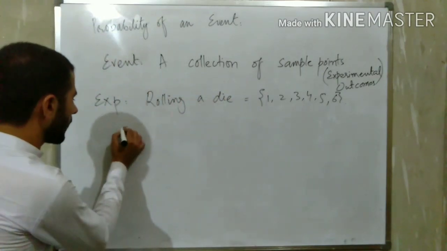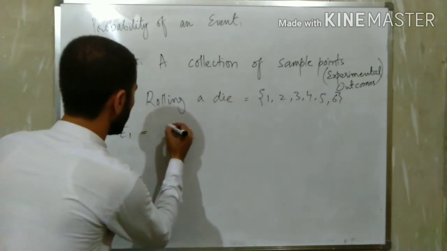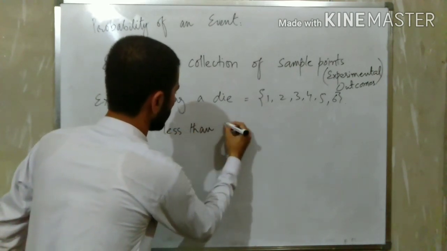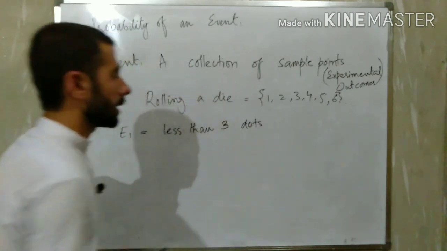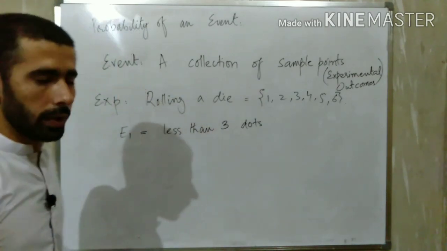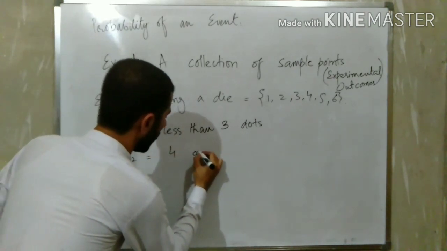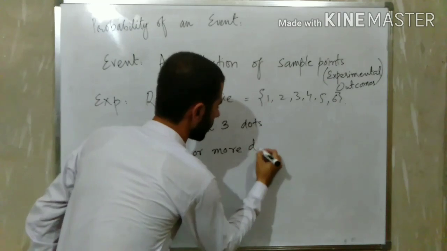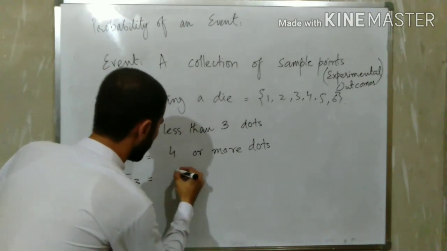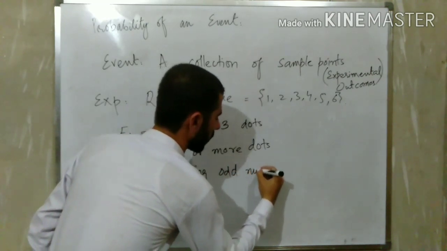Say for example, we define an event of getting less than 3 dots on the face of the die when we are rolling it. We define another event of getting 4 or more dots on the face of the die. Or we may define a third event of getting odd dots, an odd number of dots.